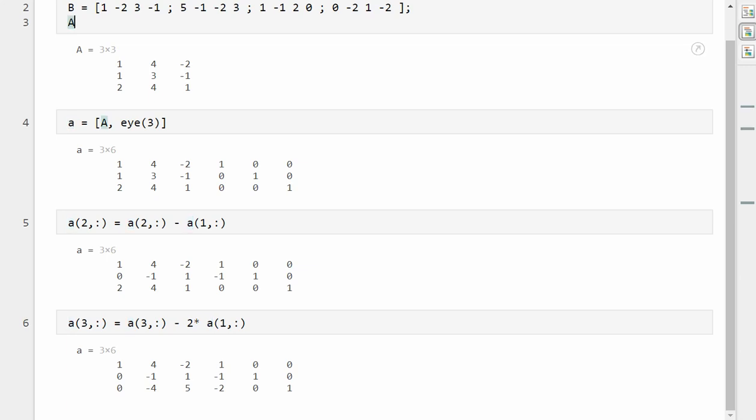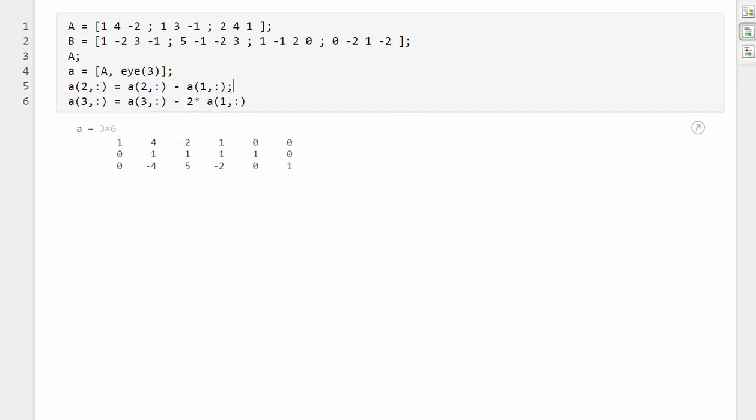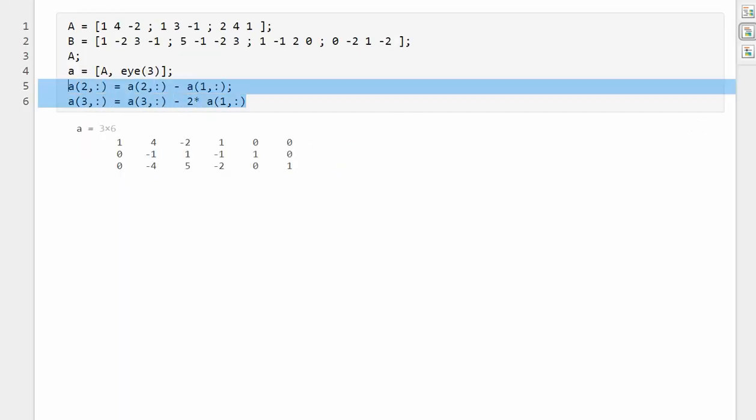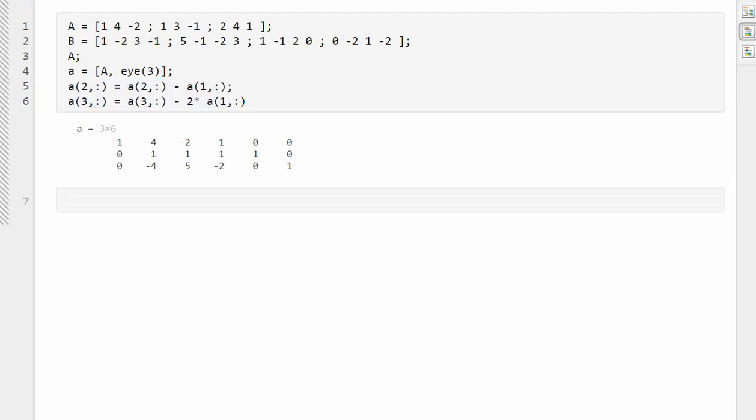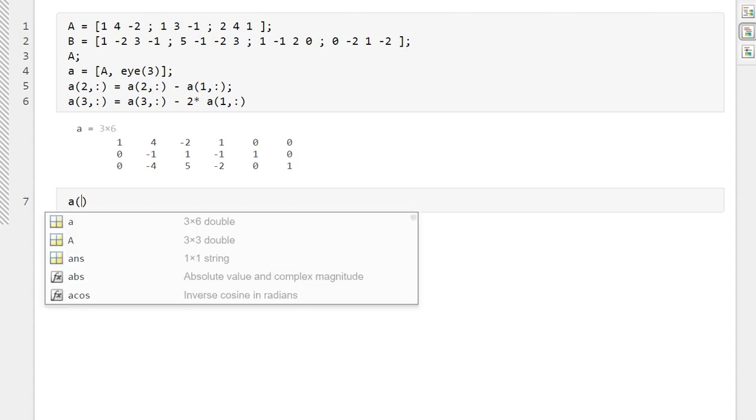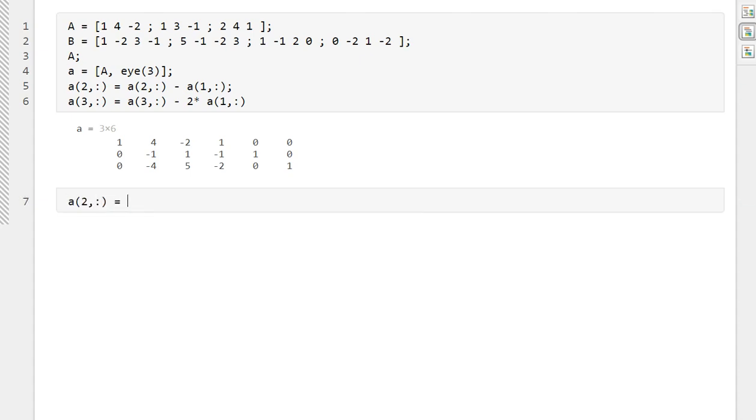As usual, I'm going to throw in some semicolons to stop displaying some of the stuff up here, just to make this a little cleaner. These are the row reduction steps that I've done, and this is the place I've gotten to. Now I need to get a positive one here. All I'm doing in this step is multiplying row 2 by -1.